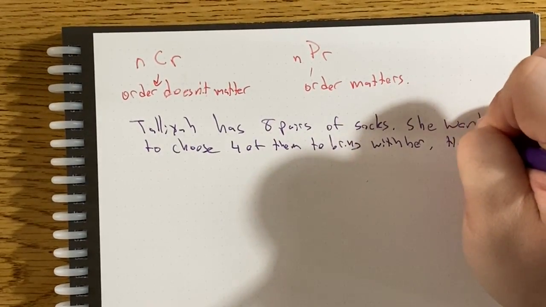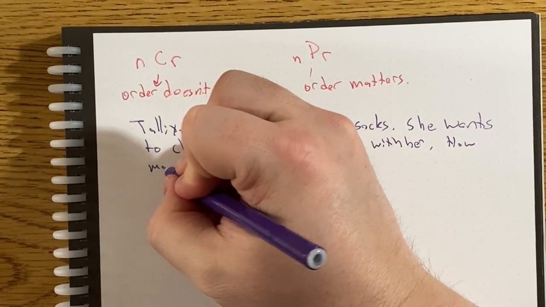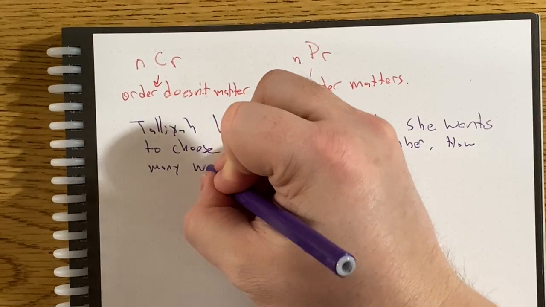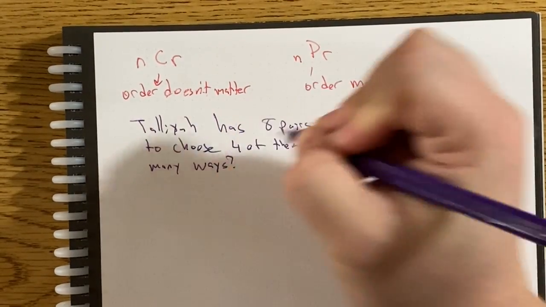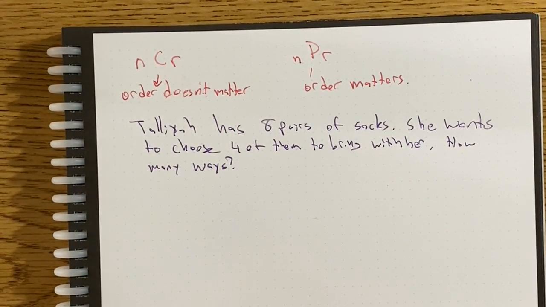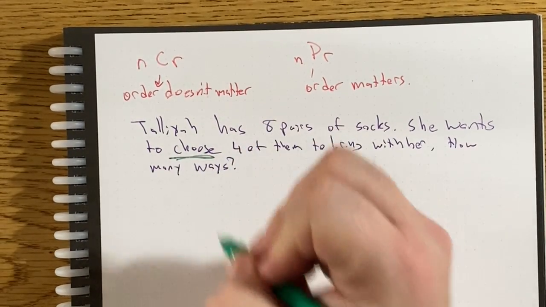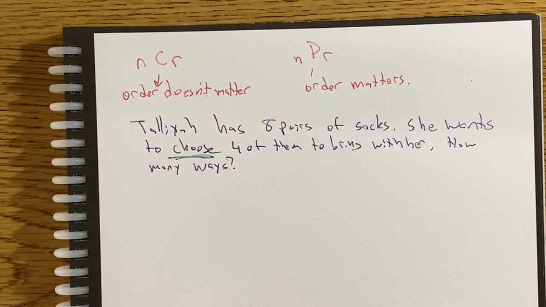How many ways can she choose 4 socks? So this is where you've got to look. If you're just bringing socks with you, does the order matter? The answer to that is no. Plus, there should have been a clue with that choose word right there.